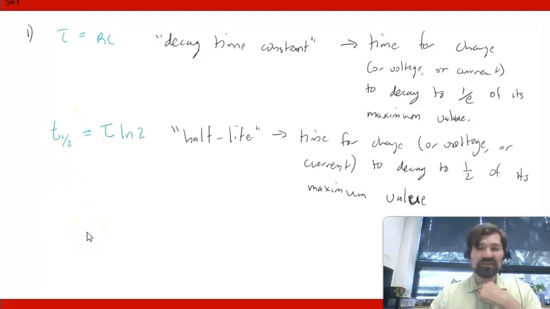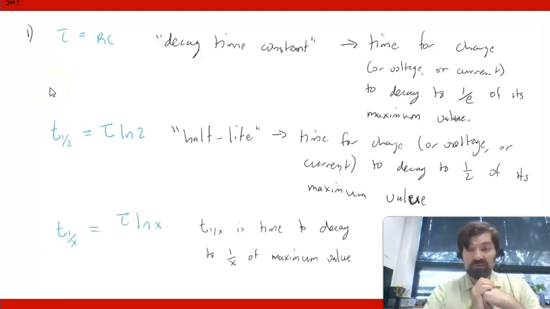We can actually extend this further by picking other values. As a general rule, if you want to define a t1 over x, then that should be tau times the natural log of x, where t1 over x is the time for the voltage or the charge on the capacitor, or the voltage across the resistor, or the current through the resistor, or whatever, to decay to 1 over x of its maximum value.